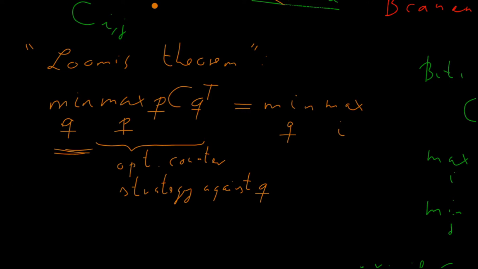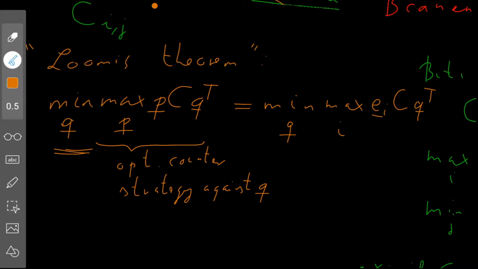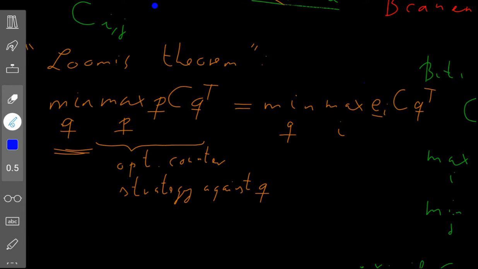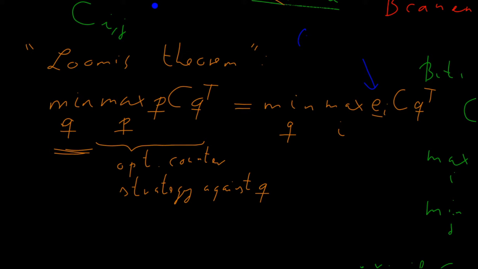Now, of course, in the matrix notation, choosing the ith row is multiplying by the ith unit vector. This should be familiar from linear algebra: E of i is just the 0, 0, 0, blah, blah, 0, 1, 0, 0, 0 vector, and the 1 happens on the ith coordinate.